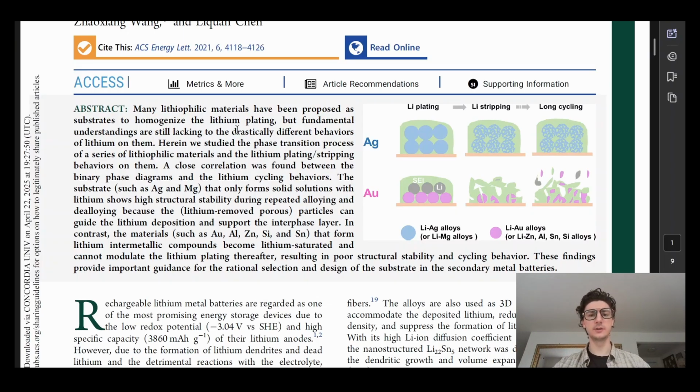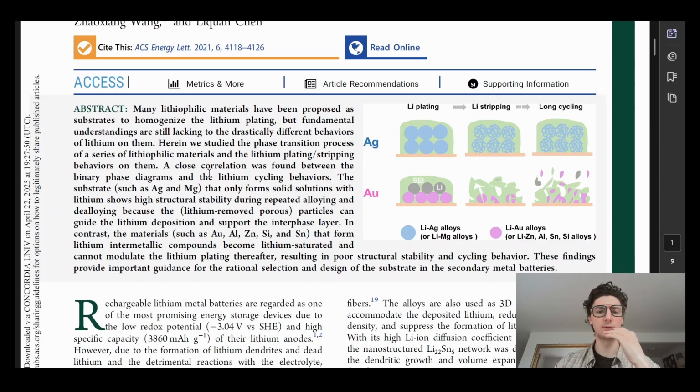Many lithophilic materials have been proposed as substrates to homogenize the lithium plating, but fundamental understandings are still lacking to the drastically different behaviors of lithium on them. Herein, we study the phase transition process of a series of lithophilic materials and the lithium plating / stripping behaviors on them.